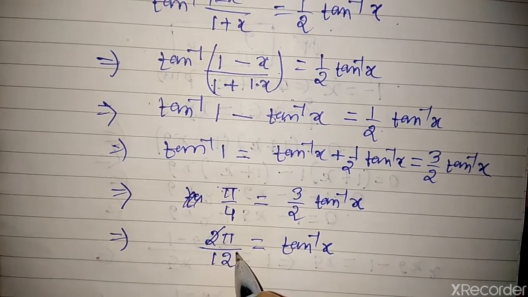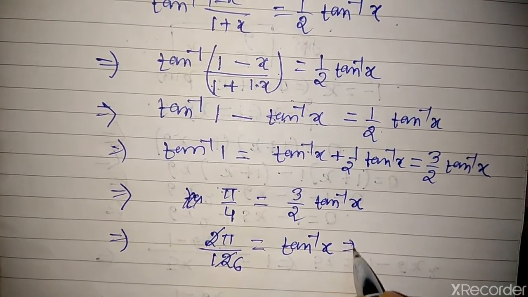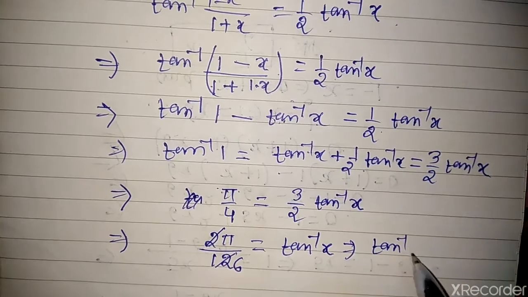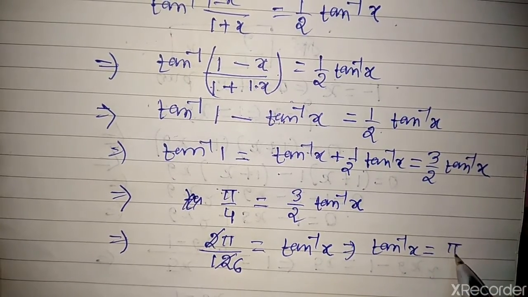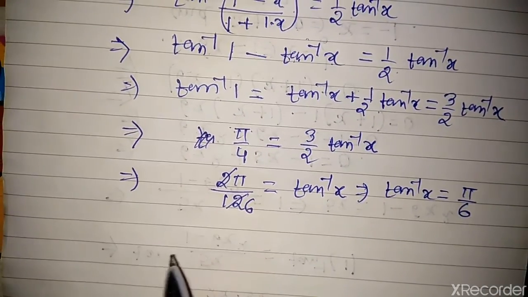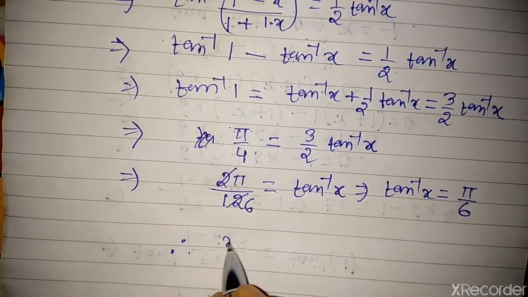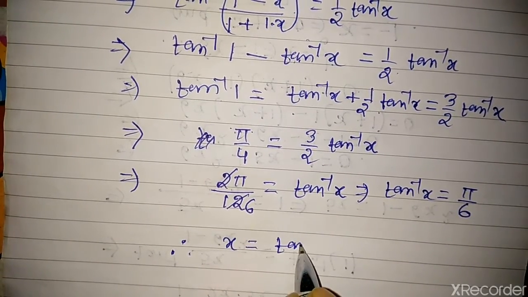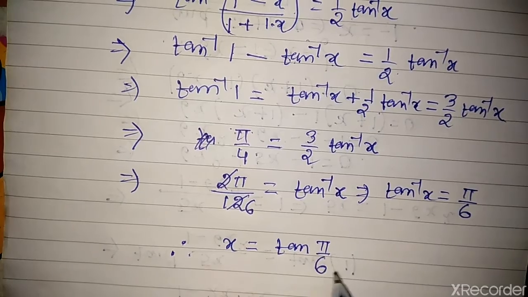Now we simplify this to pi by 6. So we get the value of tan inverse x is equal to pi by 6, and therefore x is equal to tan pi by 6.